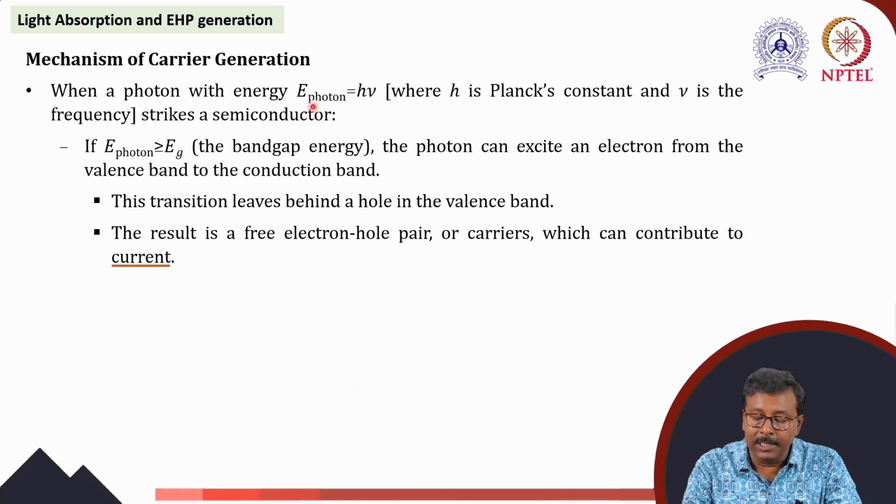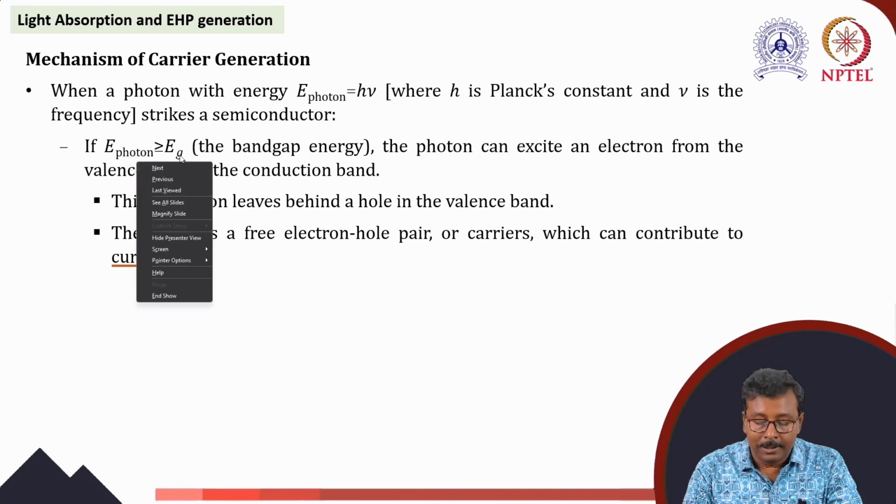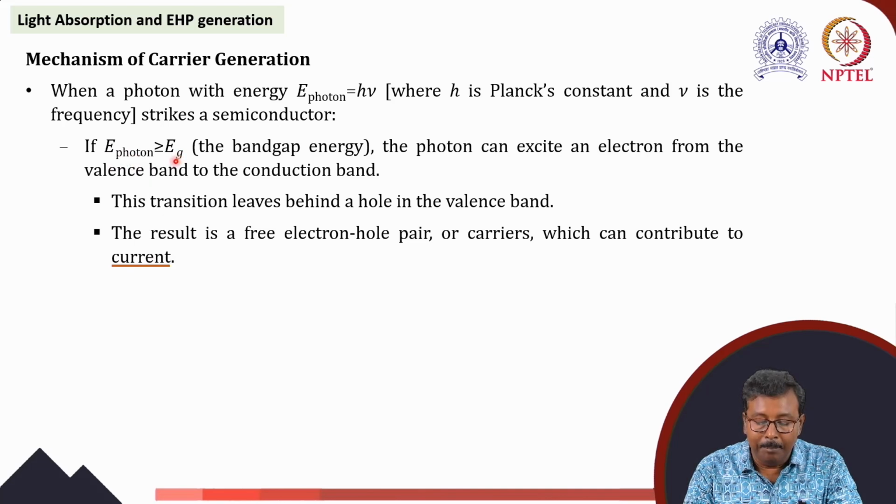When a photon with energy, say E photon equals h nu, strikes a semiconductor, and if the energy of the photon is greater than or equal to the band gap of the semiconductor material, the photon can excite an electron from the valence band to the conduction band.